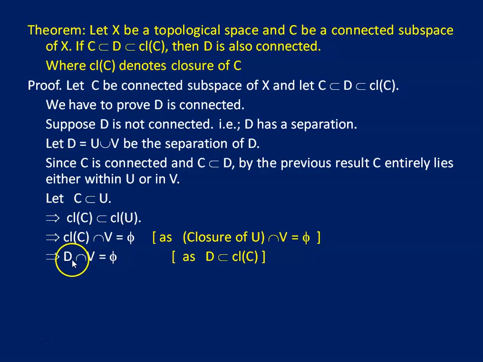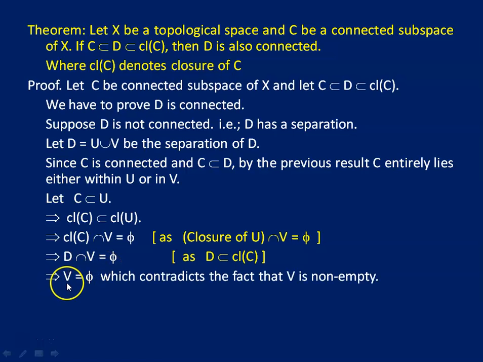This implies D intersection V is empty, because closure of C intersection V is empty and D is a subset of closure of C. So D intersection V is also empty. This implies V is empty, which is a contradiction to the fact that V is non-empty, because D equal to U union V is a separation of D. So U and V are non-empty.